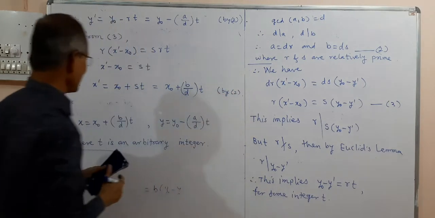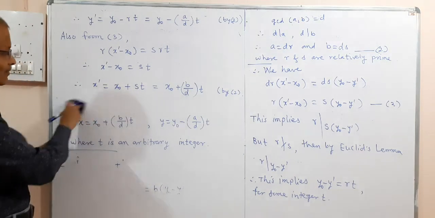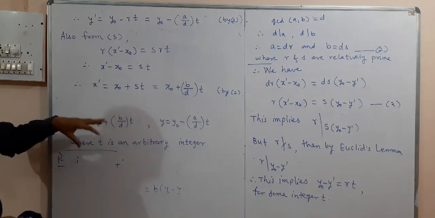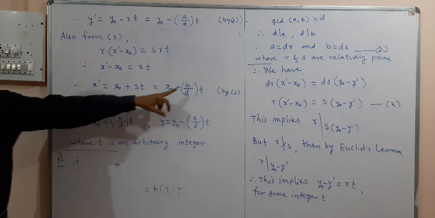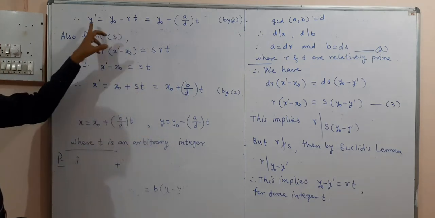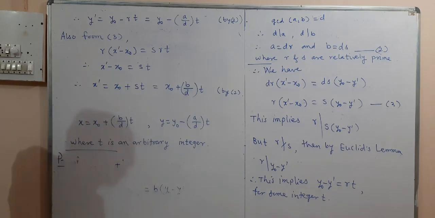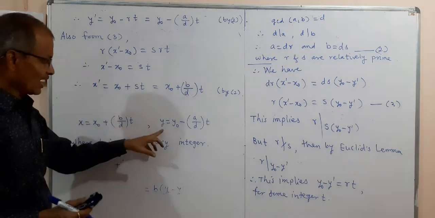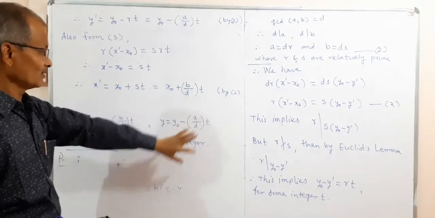And thus we have, now we shall denote the other solutions in general by x and y. So thus we have x is equal to x naught plus b by d into t, and y is equal to, here y dash means y. The solution is denoted by y, now changing notation. Y is equal to y naught minus a by d into t.